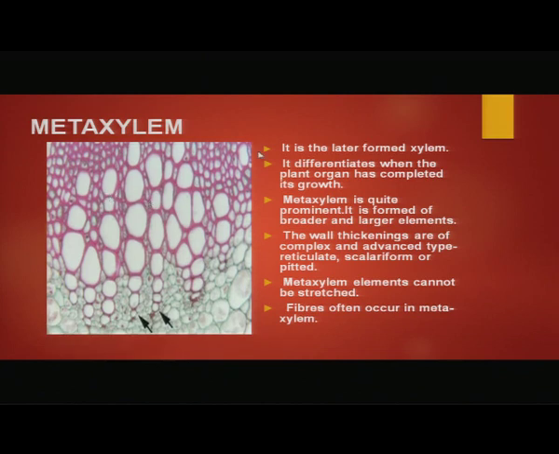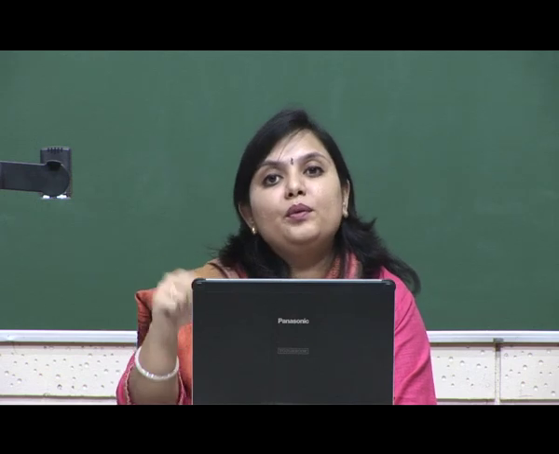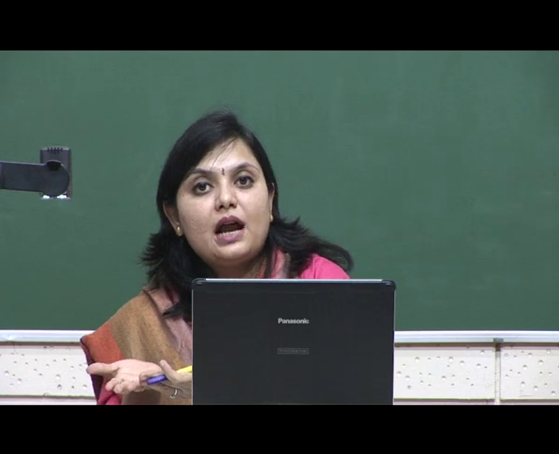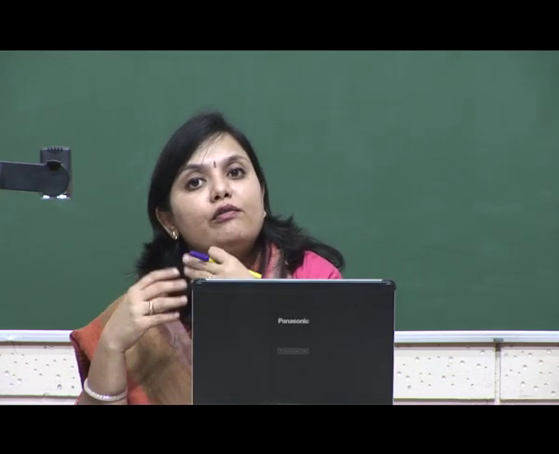If we draw a comparison, we can say that it is the later formed xylem. It differentiates when the plant organ has completed its growth. Once the growth has been completed, the size which was to be attained has been achieved. Now, the protoxylem will stop developing, but metaxylem will start to differentiate in that fully grown mature plant organ.